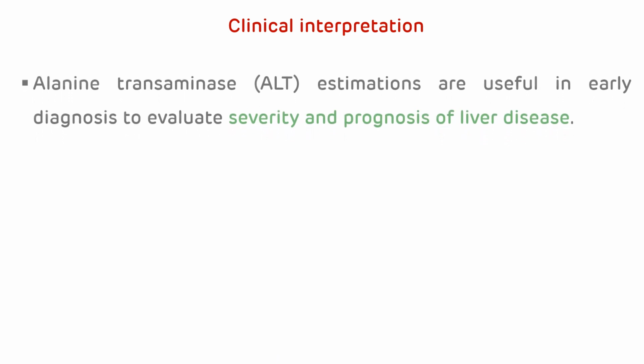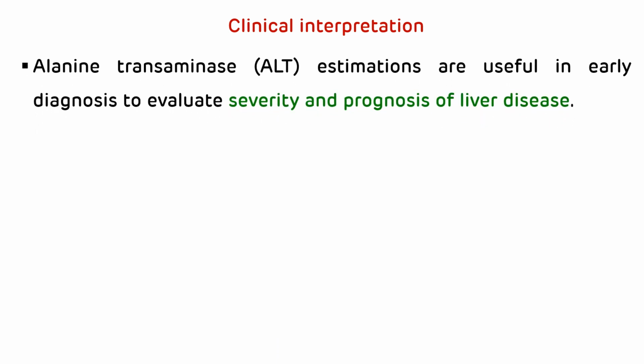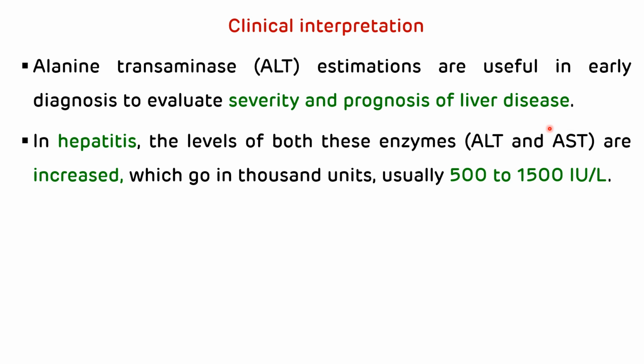Now, clinical interpretation of estimation of serum transaminases. So, ALT estimations are useful in early diagnosis, to evaluate severity and prognosis of liver diseases. In hepatitis, the levels of both enzymes, that is ALT and AST, are increased, going into the thousands of units, around 500 to 1500 international units per liter.